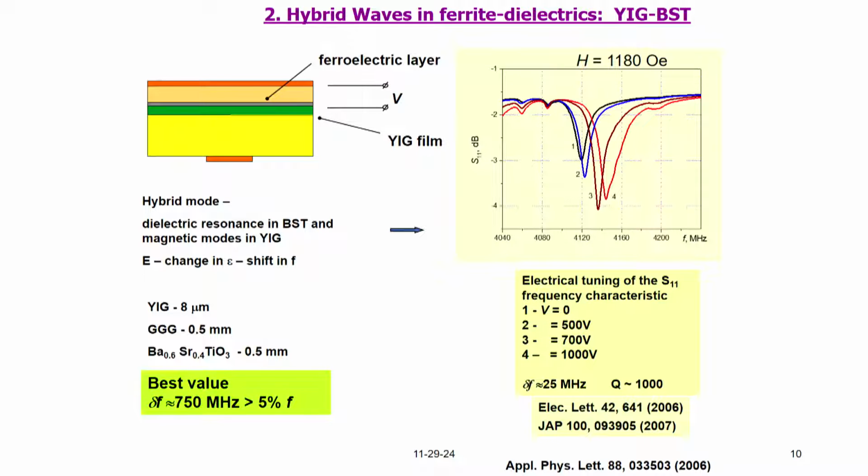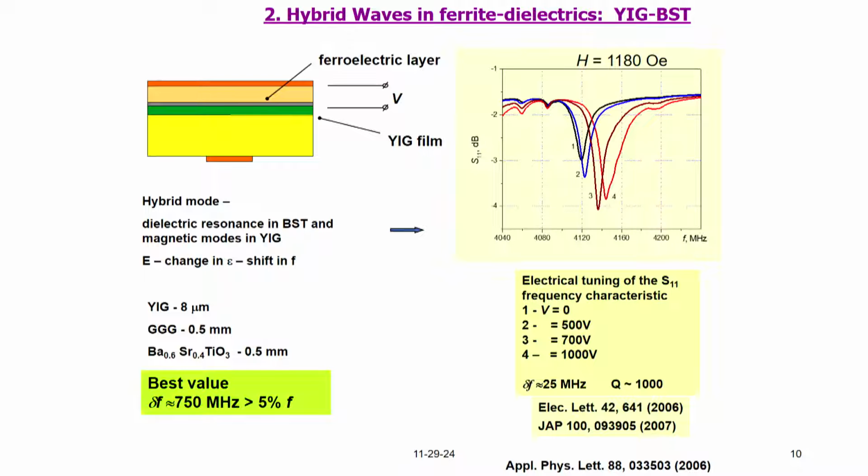That leads to a large tuning capability for the hybrid mode, and you can tune it by about 25 megahertz for a voltage of around 1000 volts. That is very high, but that is what we did. And the Q value for the resonance is rather high, it is about 1000.